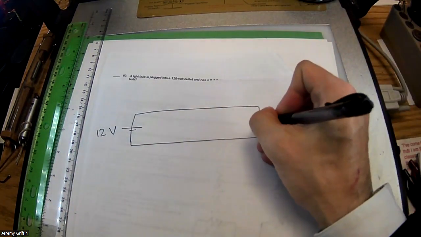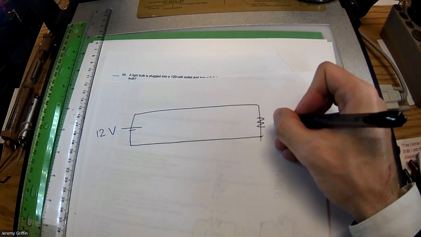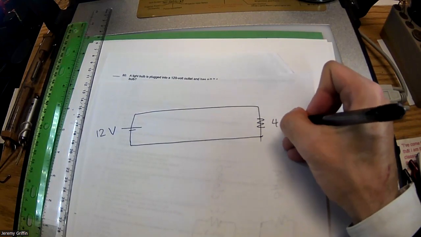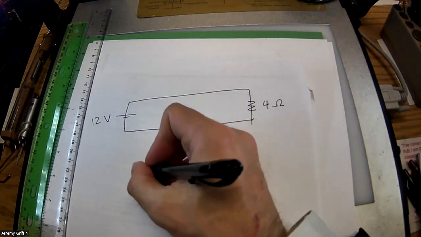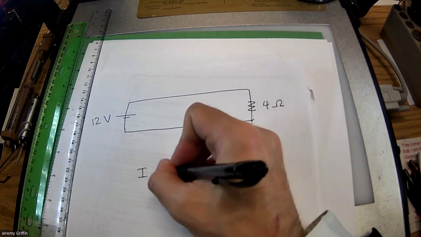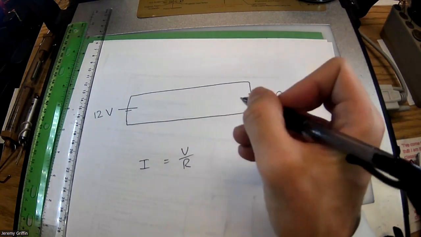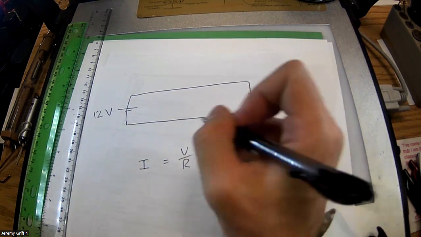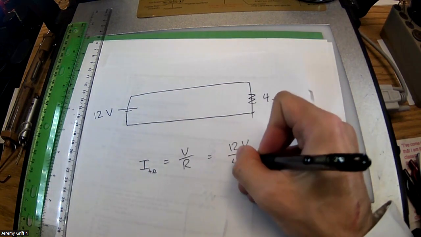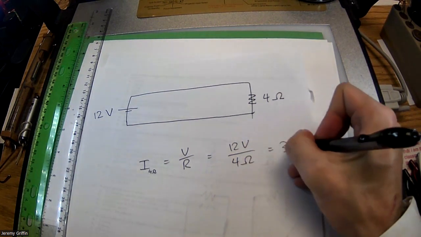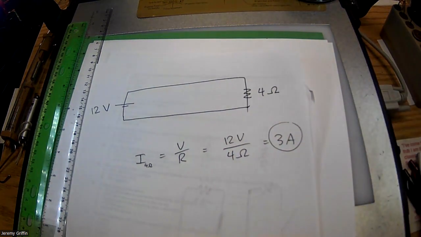And let's throw on about 4 ohms, right? And the question had something to do with current. So let's navigate Ohm's law and see what happens. I equals V over R, right? So for just 4 ohms of resistance, that's 12 volts on 4 ohms, which is 3 amps. You see 3 amps are going to flow, right?